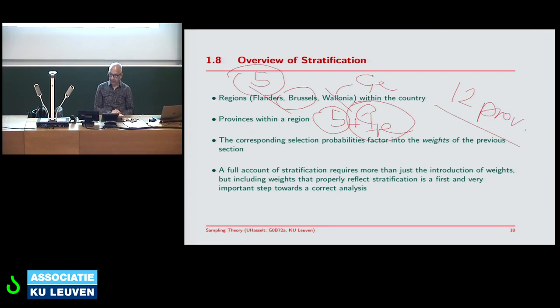At that level, I don't need to know the regions anymore, because if I give you the numbers of the populations and the sample sizes for each one of those 12 provincial entities separately, you can easily add them up where necessary to come up with the Flemish quantity, with the Walloon quantity, etc. So at the end of the day, stratification is always unilateral.